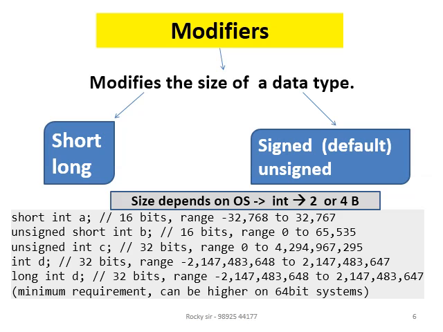Let's take an example. I just mentioned some time ago that modifier size depends upon the operating system. Let's look at this. Short int a is going to consume a space of 2 bytes or 16 bits. If an integer by default takes 2 bytes, then a short int will not reduce its size, it will also end up taking 2 bytes.